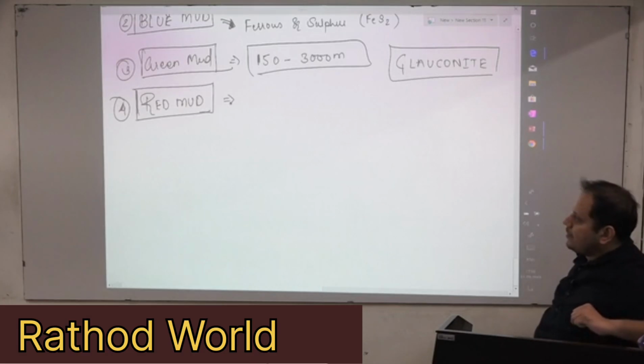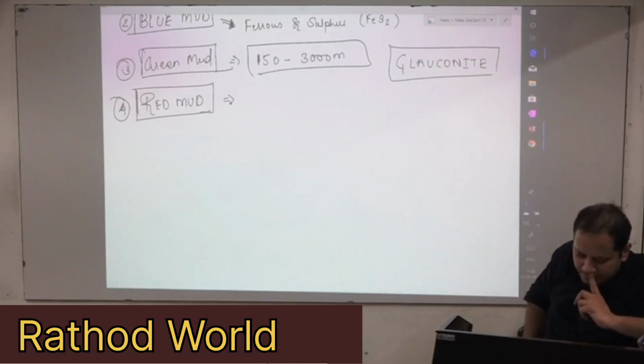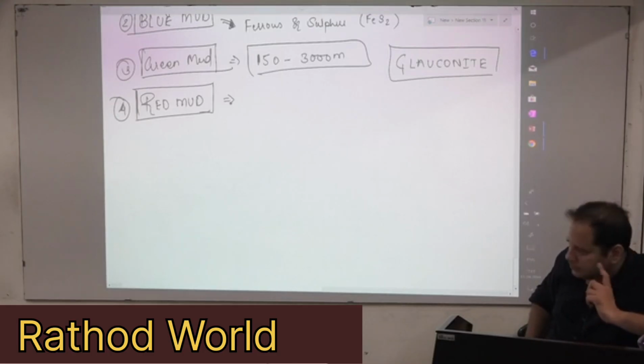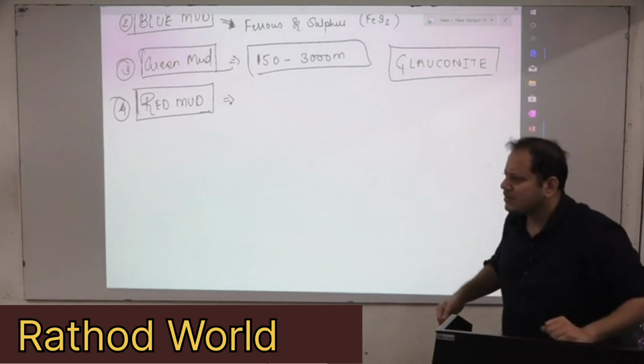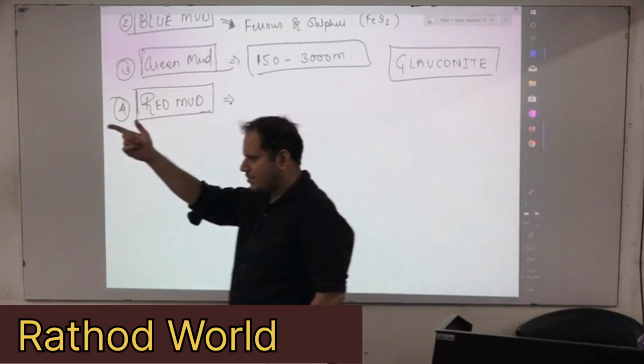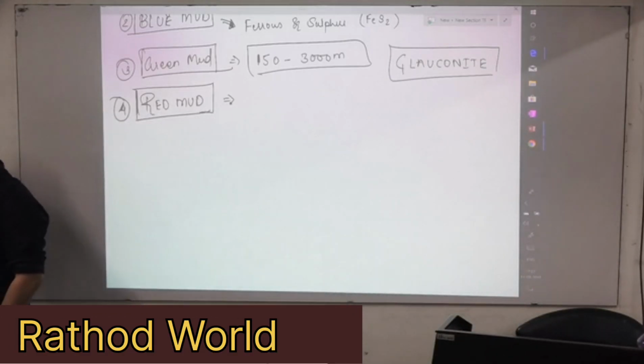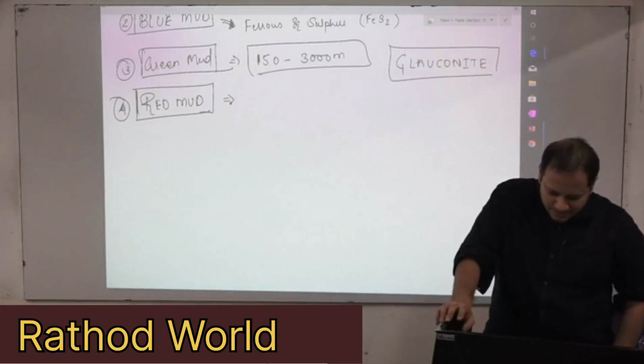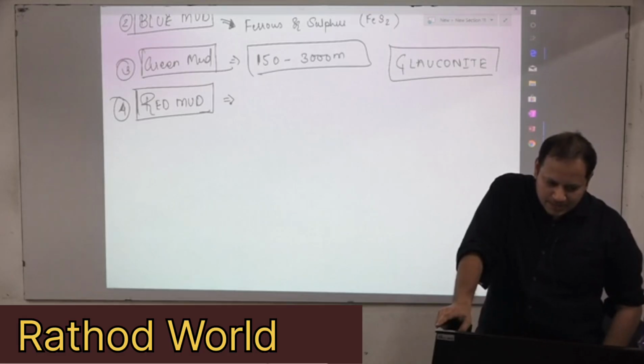Red mud. Sometimes the mud which is rich in iron oxide develops red color instead of green color.